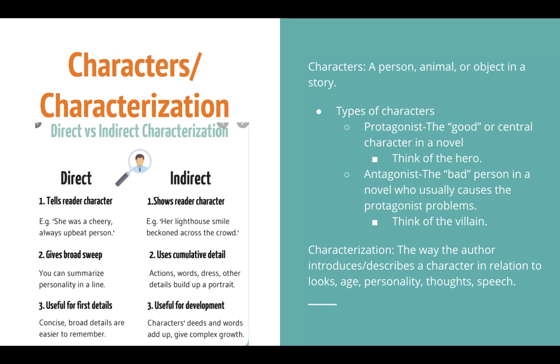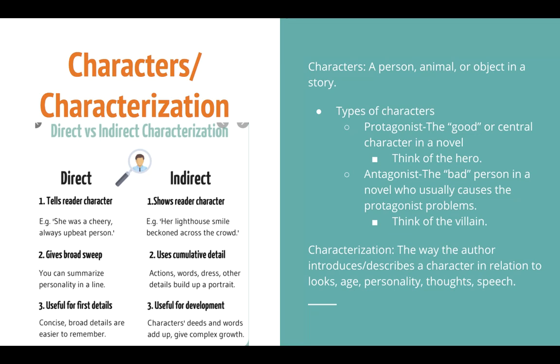We think of the villain. That word antagonist has a verb that stems from it, which is antagonize. When I was younger, my dad always used to tell me, Melissa, stop antagonizing your sister. When you antagonize somebody, that means that you're annoying them or you're causing them some kind of problem. So that's a good way to remember antagonist, kind of the villain of the story.